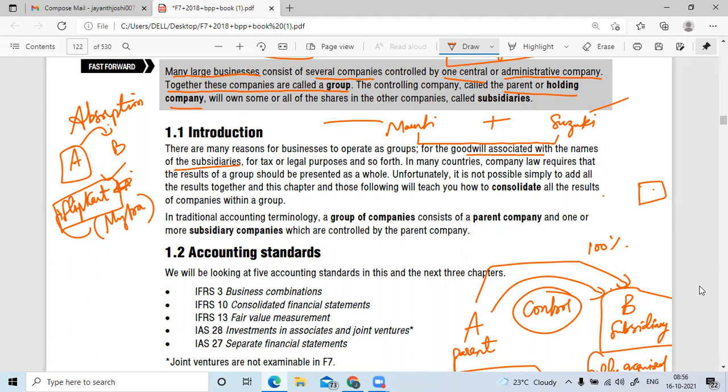So if stakes in that company are acquired, we also get access to that market, correct? It may have goodwill in the market. Now Ford wants to sell all its assets in India, Ford India. Tata wants to buy it.